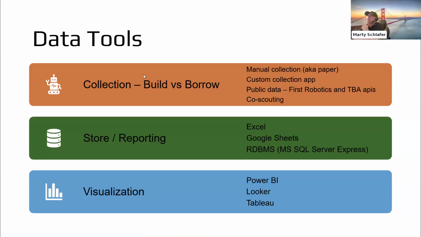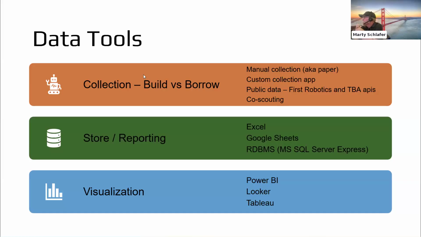And then the last, and it's becoming more prevalent now, is co-scouting. Maybe your team doesn't have access or the bandwidth to create a custom app and do all this. So instead, in the spirit of FIRST, you do some cooperation, and you provide scouts to another team, and they provide you with the tablets, and then you collectively work together in getting all the scouting data.